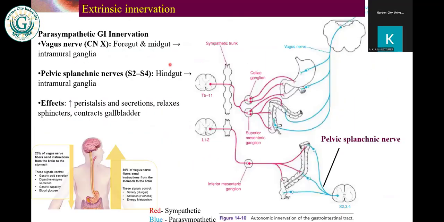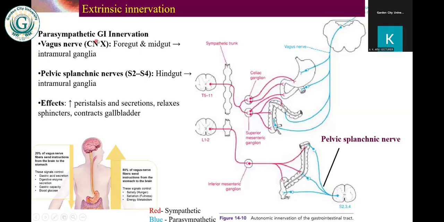So in this image here, we are looking at the nerves that give parasympathetic innervation. The one that you see in blue is the parasympathetic nerve. Parasympathetic innervation to the foregut and the midgut is coming from the vagus nerve.